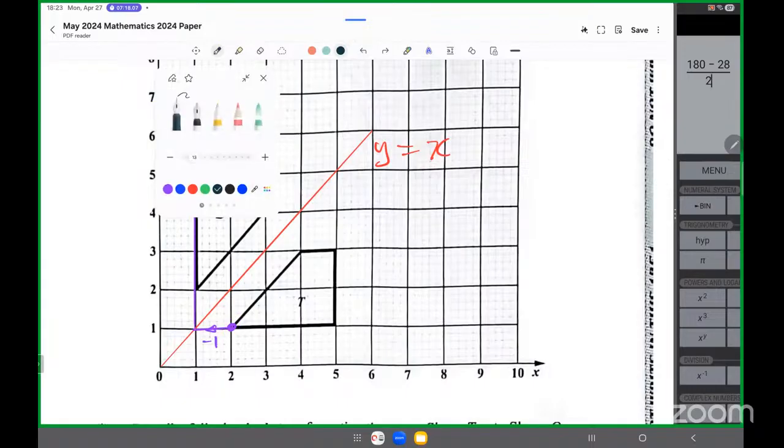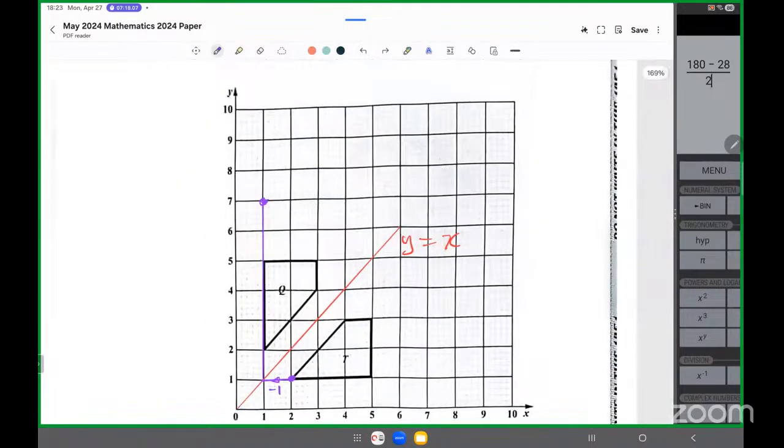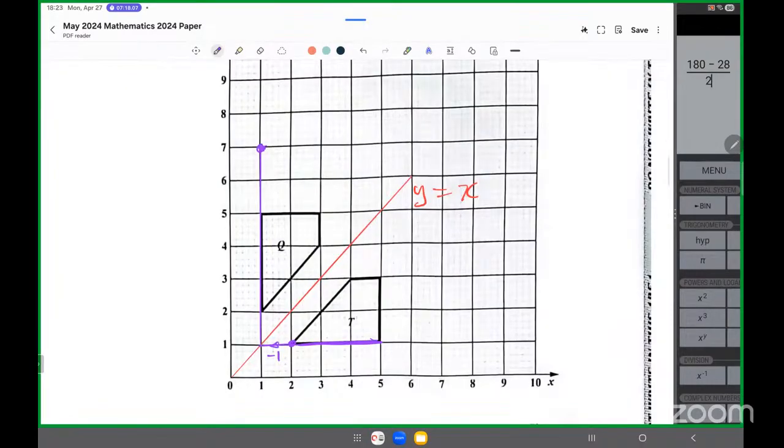Once you reach up there, you just draw about the same shape around that point. Same shape. This piece was 3 units, so you draw 3 units the same way from this point.